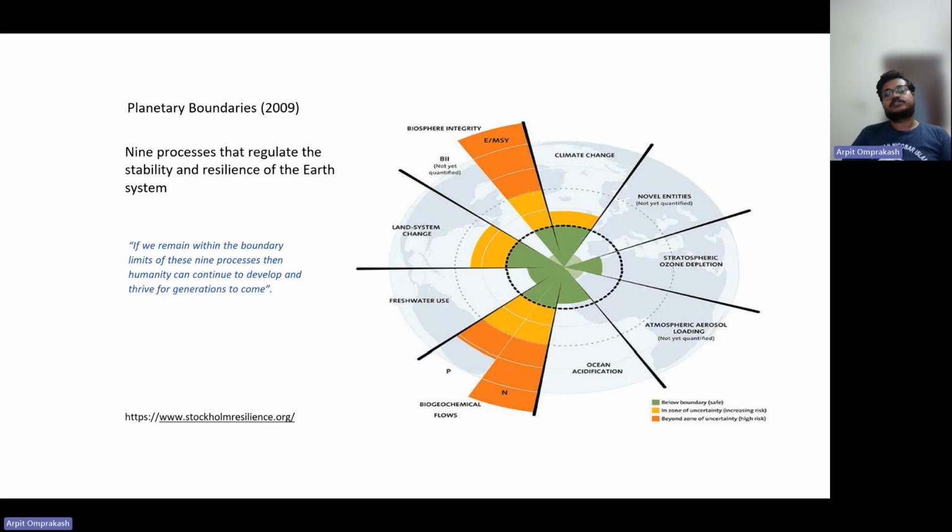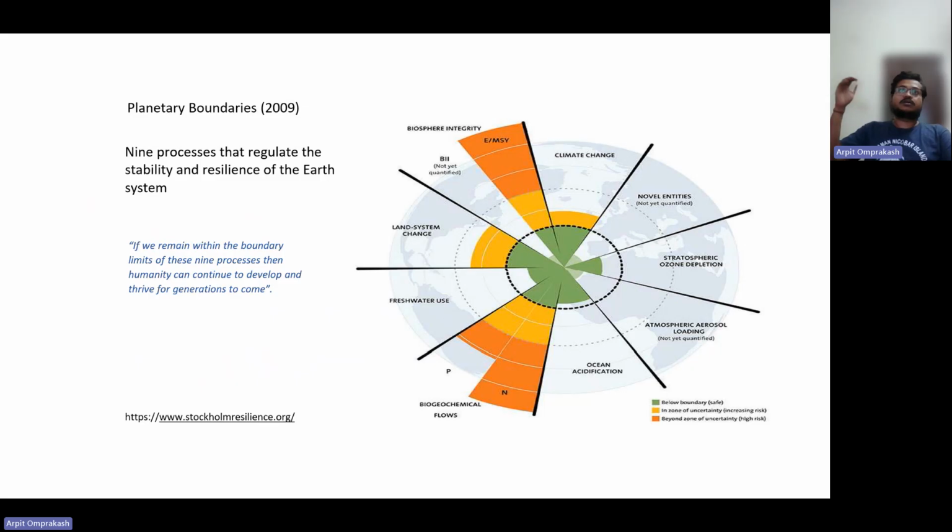The first thing, as we were talking about, is climate change, which has a huge effect on the Earth. Then we talk about stratospheric ozone depletion.